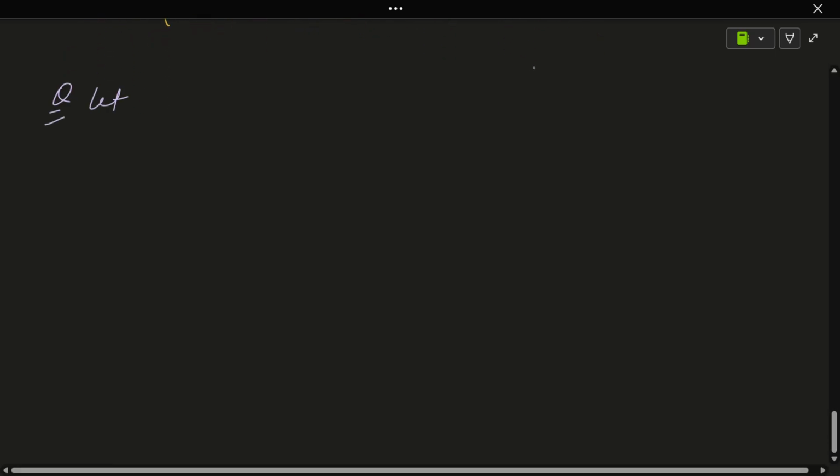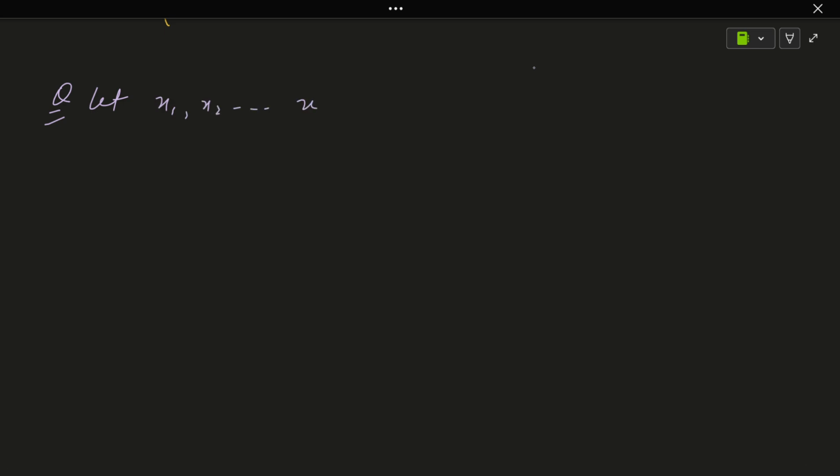Question is: let x1, x2 up to x6 be a random sample, which is basically IID, that's known, a random sample from normal mu comma sigma square.